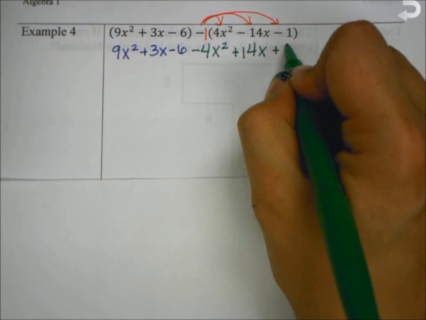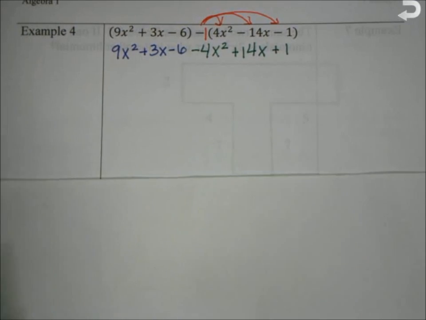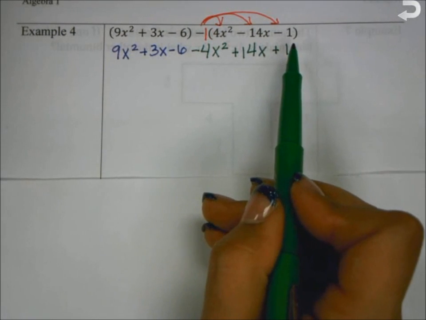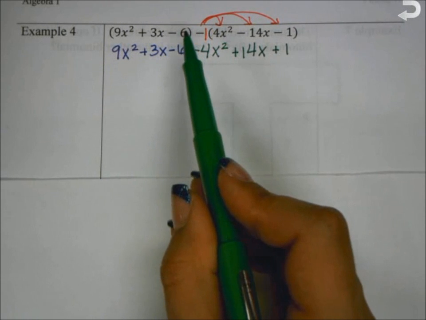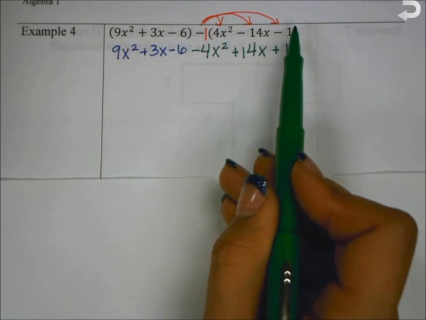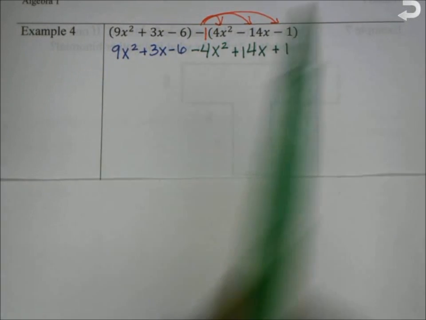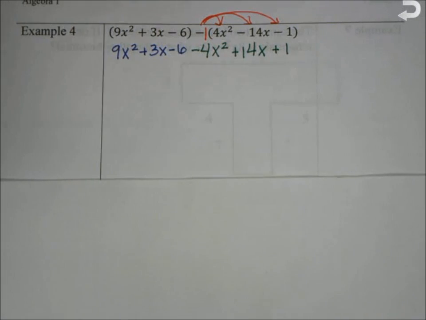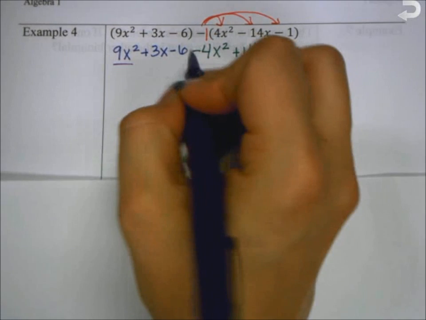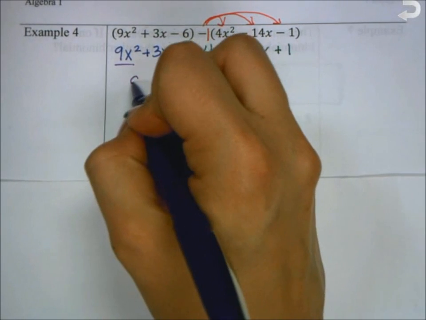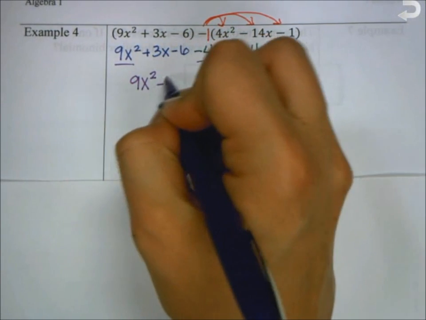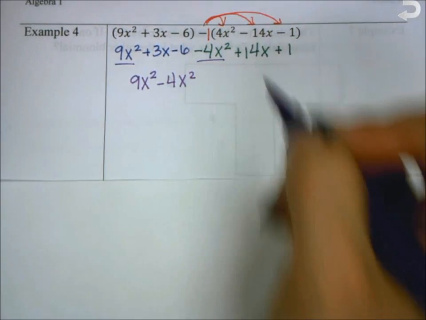Okay, so let's put our like terms next to each other. I have 9x squared and minus 4x squared. Plus 3x plus 14x. Minus 6 plus 1.